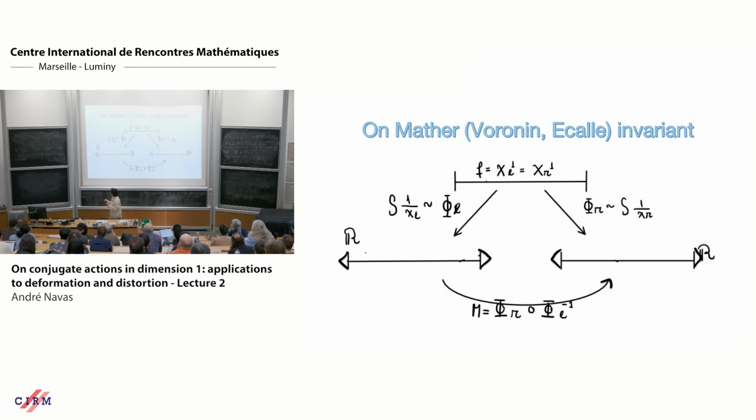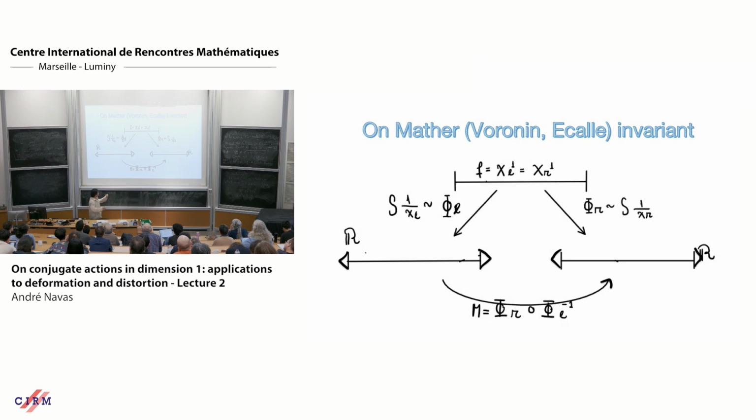Except for one thing: when you do this identification, you are choosing a base point on the left and on the right, which means that actually this m here, okay, I agree, this is not a good notation, this is another m. This m here is a diffeomorphism, but it is not canonically associated to f, because it depends on the choice of two base points.